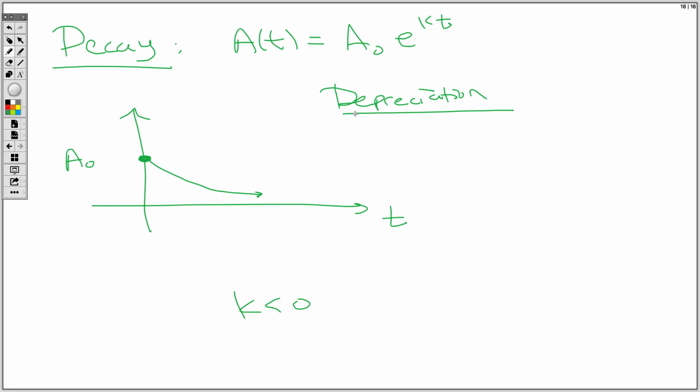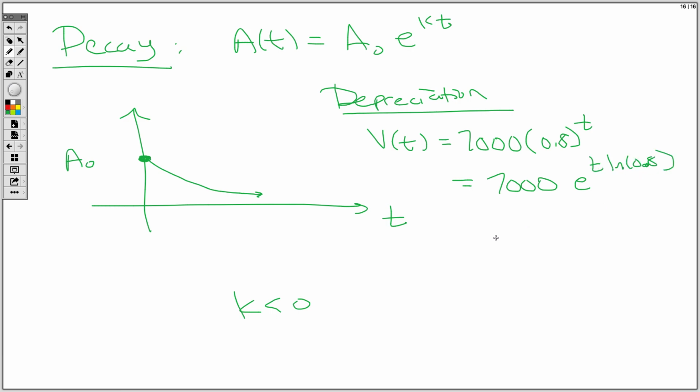And so depreciation, we had our value of the car. I forget what it was. I'm going to say it was like 7,000 times 0.8 to the t. Well, you could rewrite this using change of base to e to the t times the natural log of 0.8. And if you calculate the natural log of 0.8, since it's less than 1, it's a negative number.